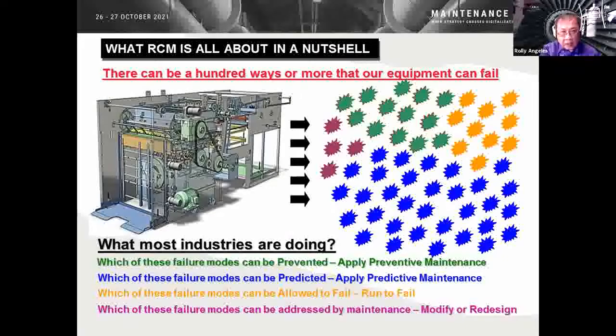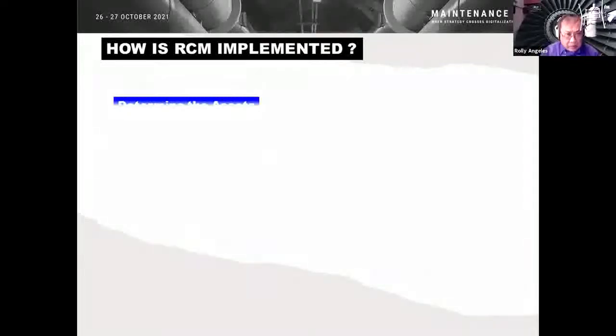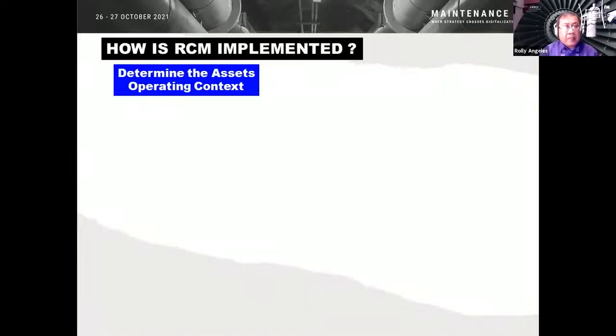Okay, now in performing RCM, the first thing we need to do is determine the equipment's or asset's operating context, in which case we just write a short autobiography of our equipment. Meaning, is your equipment running 24 hours a day, 7 days a week?